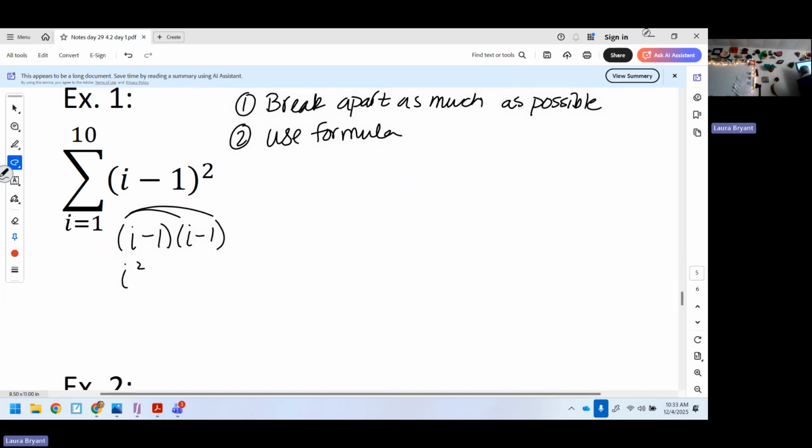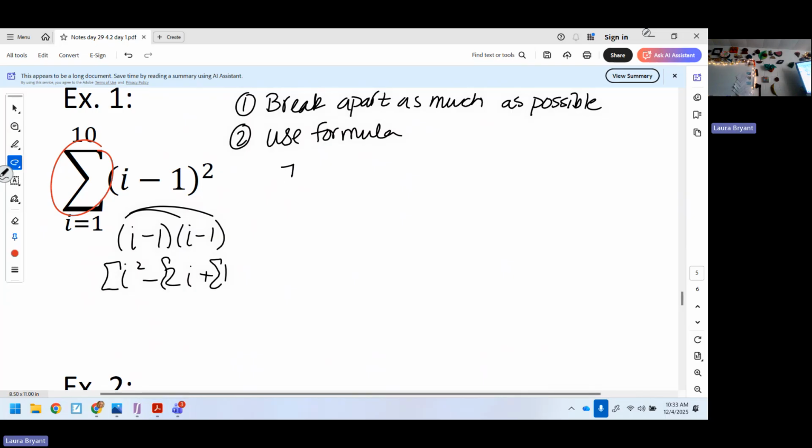Okay, so I'm going to multiply this out. So i squared minus 2i plus 1. When I say break this apart as much as possible, when we had those properties at the beginning, we said if you've got a sigma notation, you can do sigma here, here, and here.